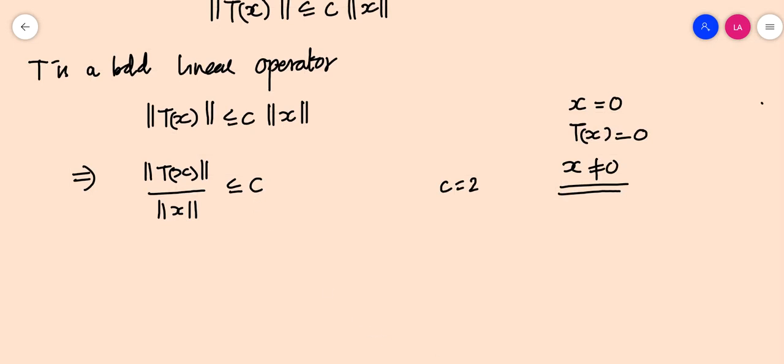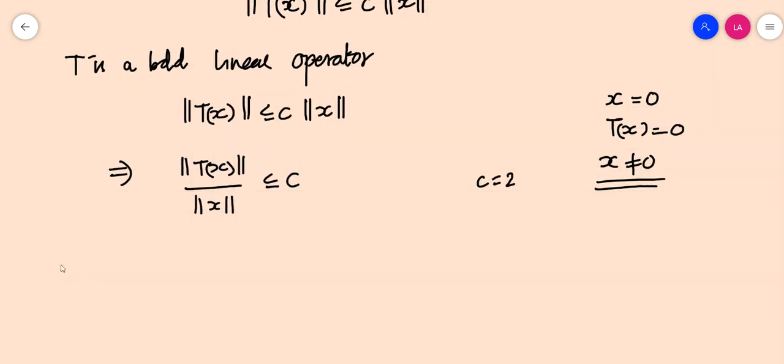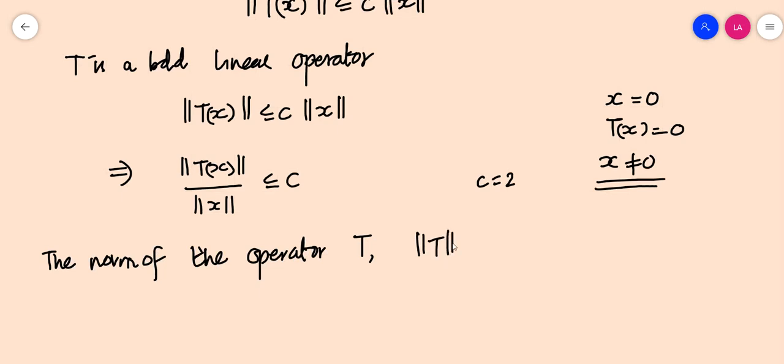Such a C is actually called the norm of the operator. So the norm of the operator T, which is denoted as norm T, should be equal to the least value of C such that this holds.